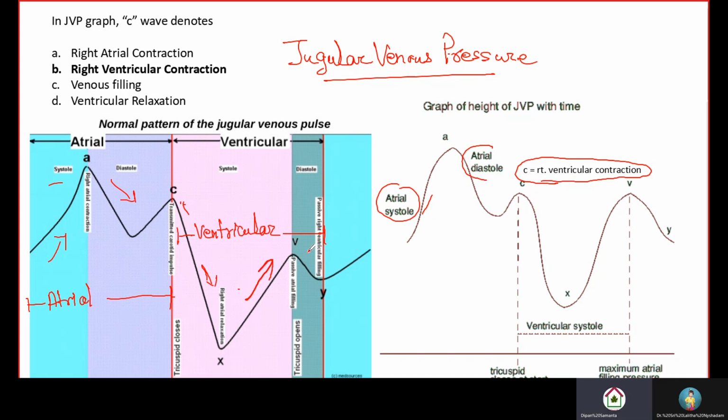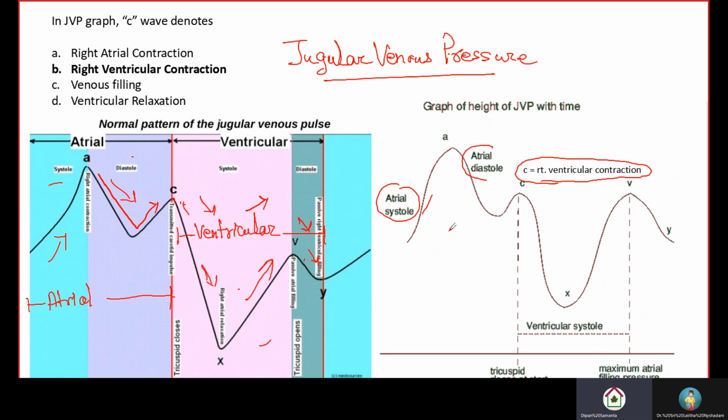And in diastole, as usual, it will decrease. So these peaks and corners are denoted as A, C, X, V, Y, and these are the pressure changes: increasing, decreasing, increasing.